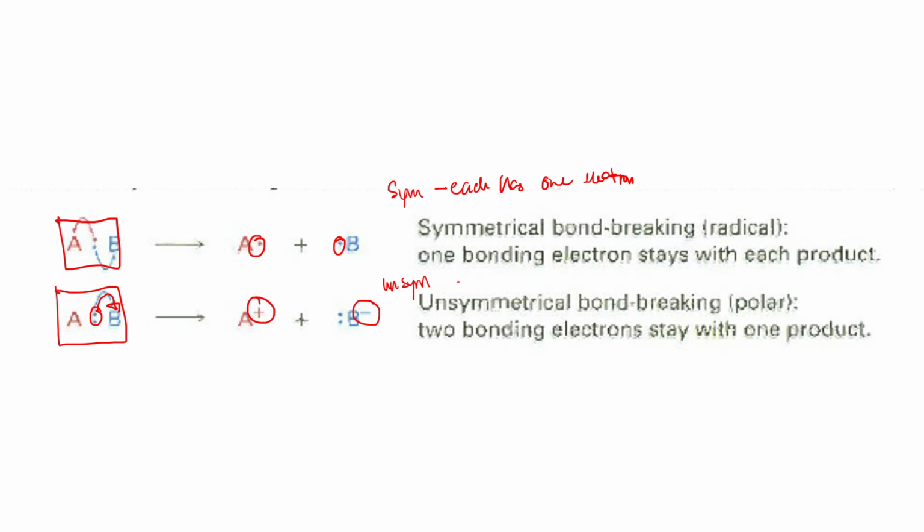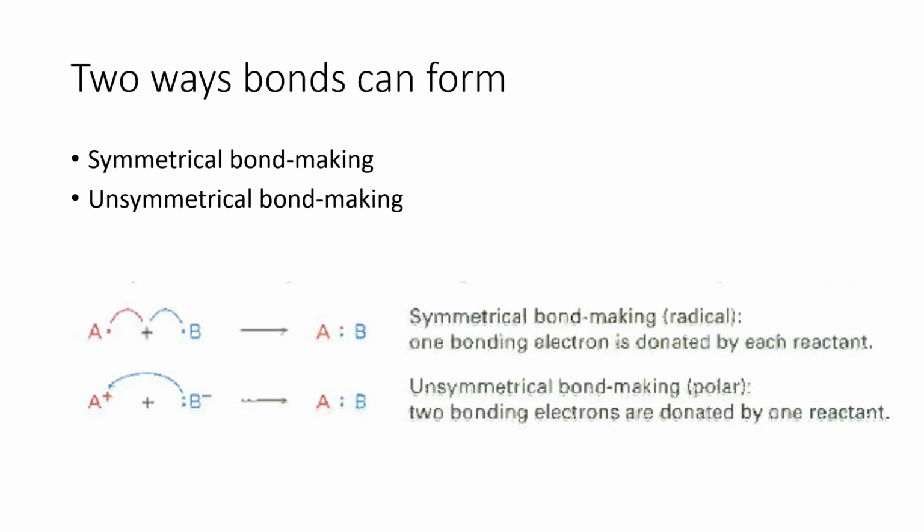While for unsymmetrical, one has an electron pair. Okay, so analogous to your bond breaking, you also have two ways bonds can form. You have symmetrical bond making and unsymmetrical bond making.